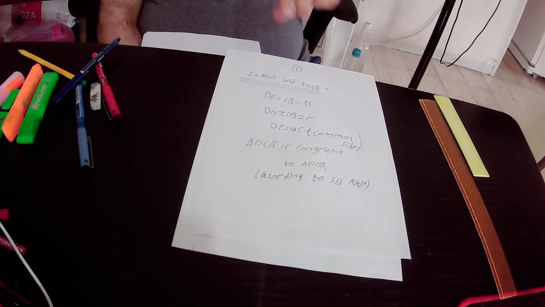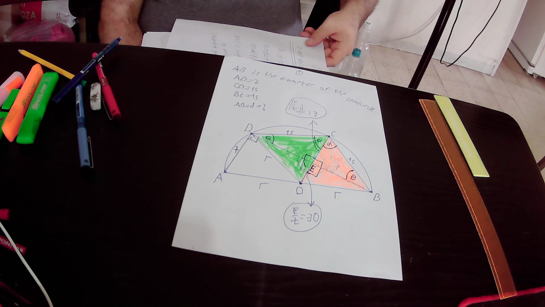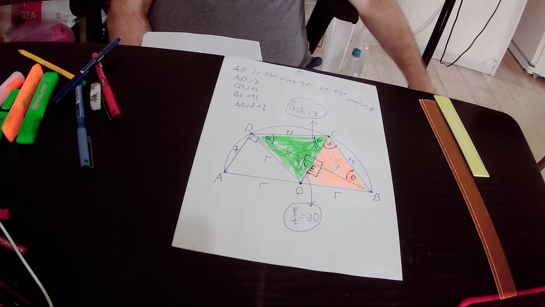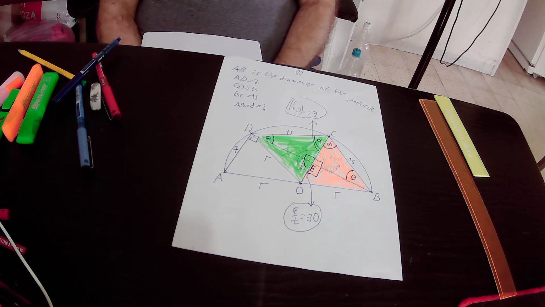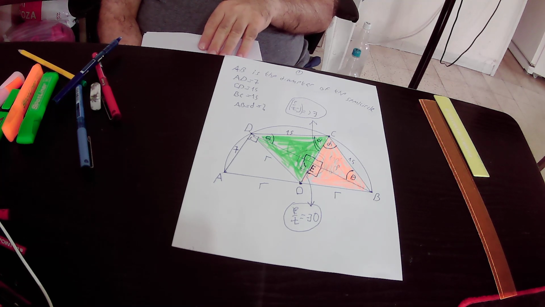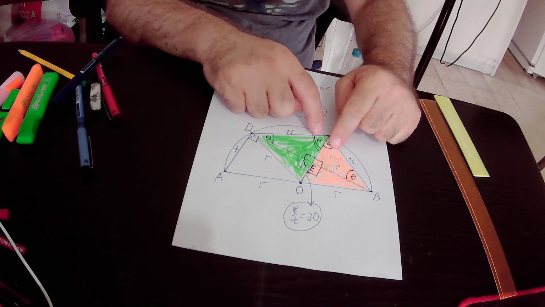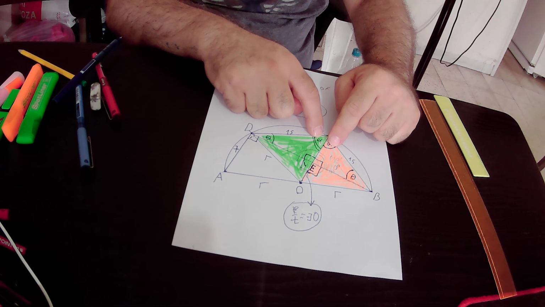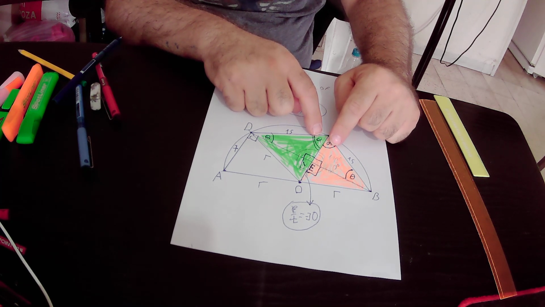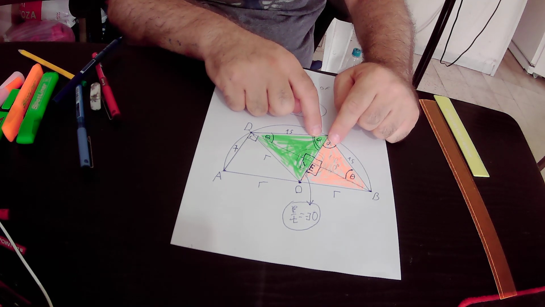When you prove that all the sides of one triangle are equal to all the sides of the other triangle, then you actually proved that those two triangles are congruent to each other according to the side rule. Okay? And because the green triangle is congruent to the orange triangle, those two angles are also equal to each other, because corresponding angles in congruent triangles are equal to each other.